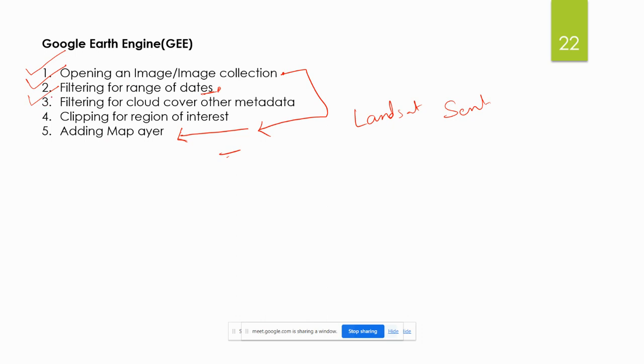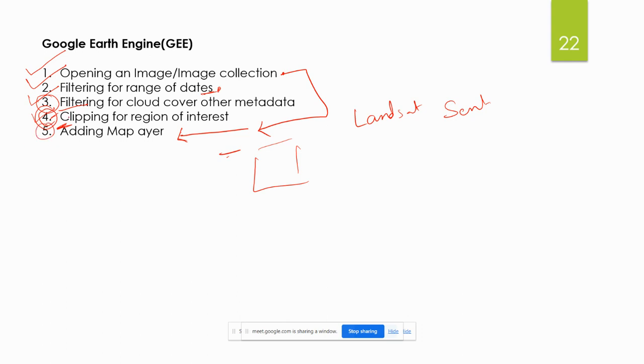The procedure is the same, so we will learn it for cloud cover and similar processes for any other. Then we will see how to clip the image to your region of interest, and how to give that region of interest.